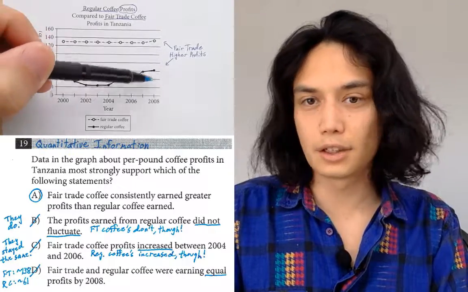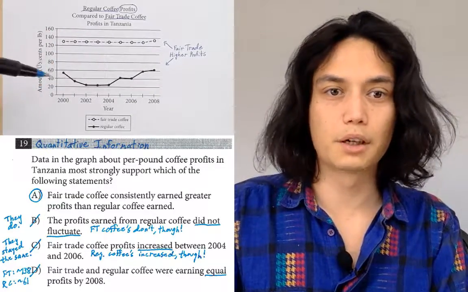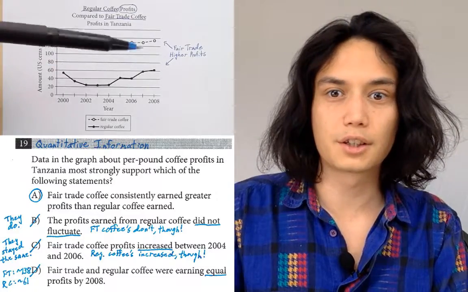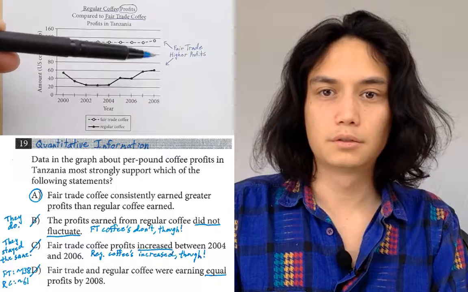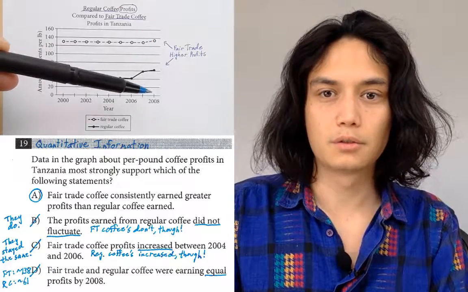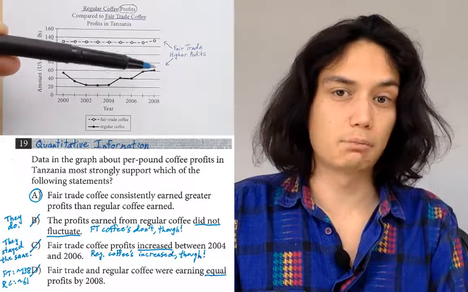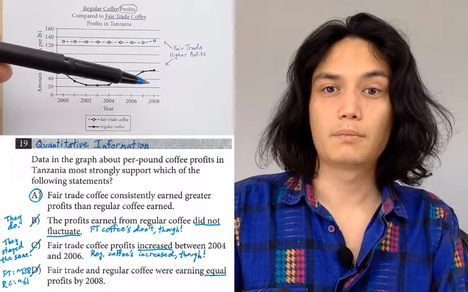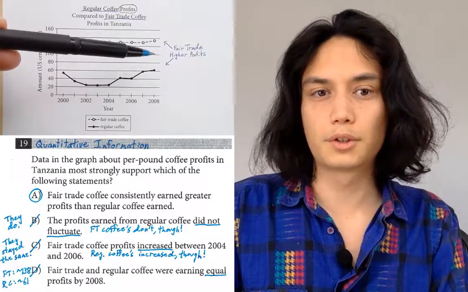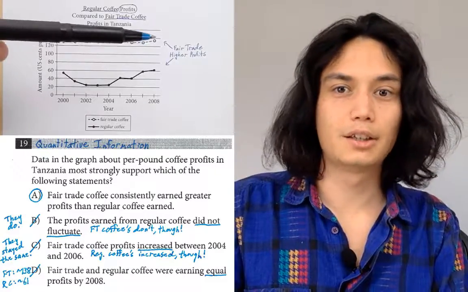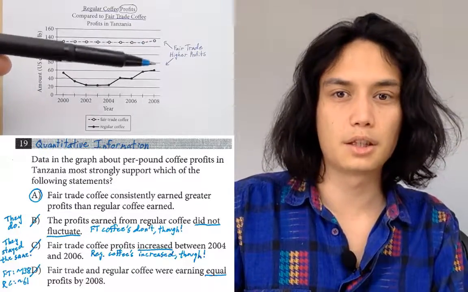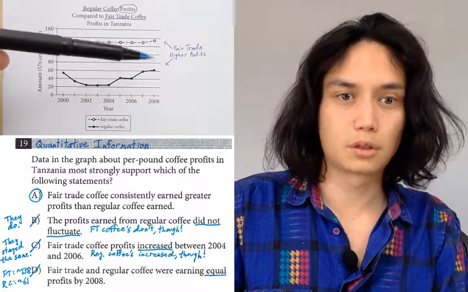And even if you don't know that this is profits, like what is even equal here between these two, right? They aren't in the same place. So straight up, if you thought that these two were equal in some way, I would be really curious. Hit me up in the comments to let me know, because I wonder what kind of mistake you would make to get this answer choice.